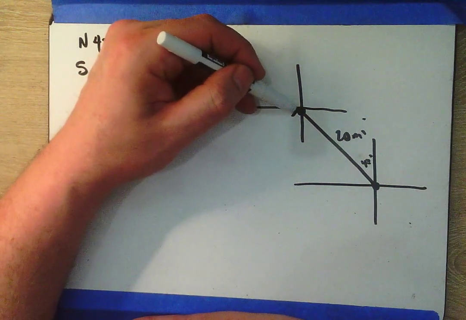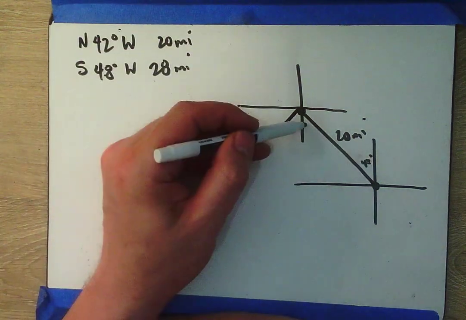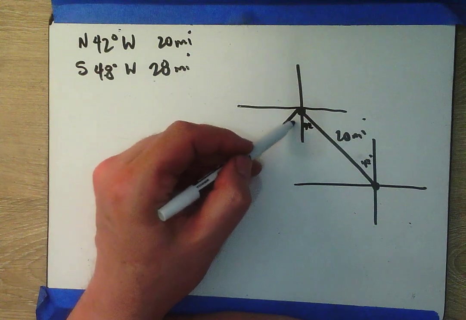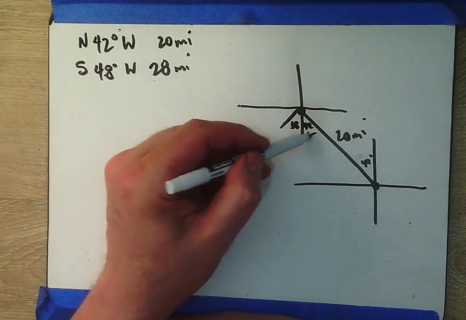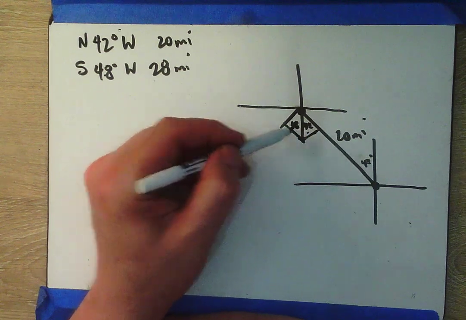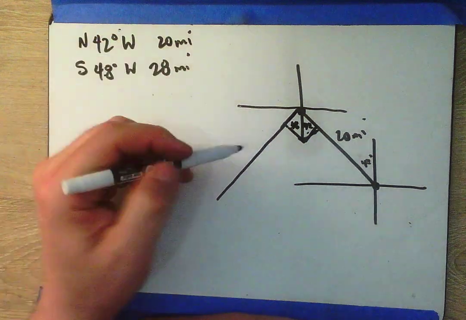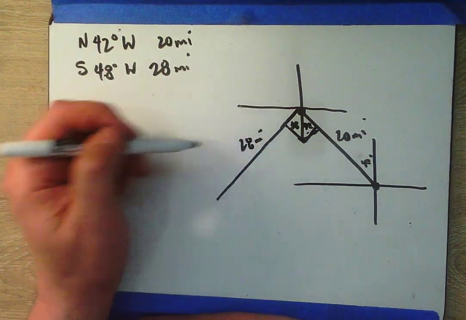Now remember, to aid your drawing of these things, you know that this is 42. You know that south 48 means this is 48. 48 plus 42, these should add up to 90 degrees. So when you're drawing this, draw that 90-degree angle. And this is 28 miles.